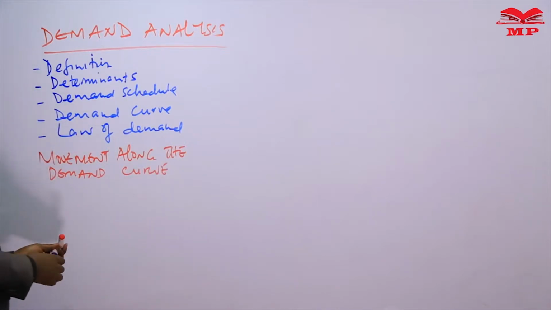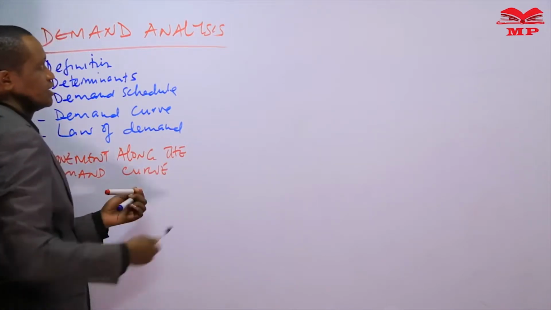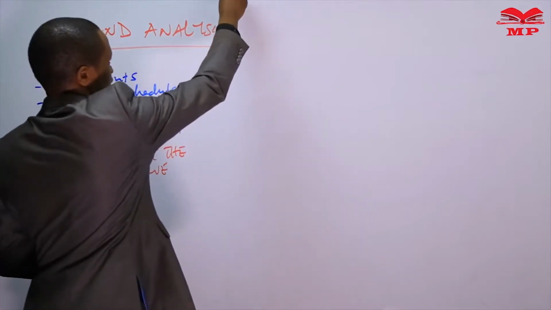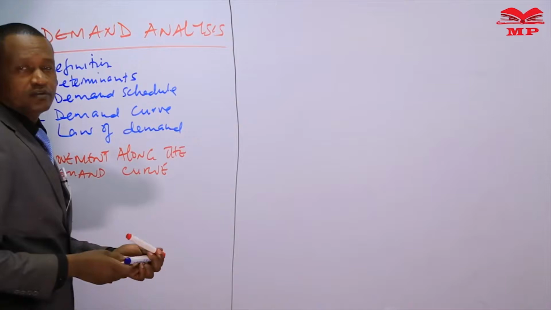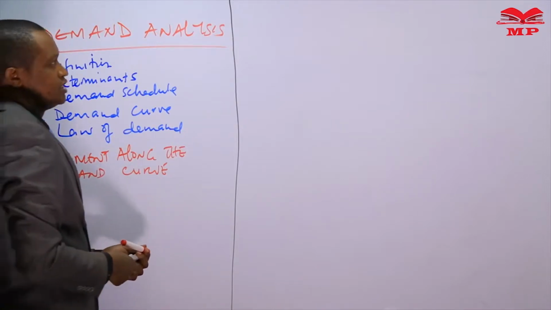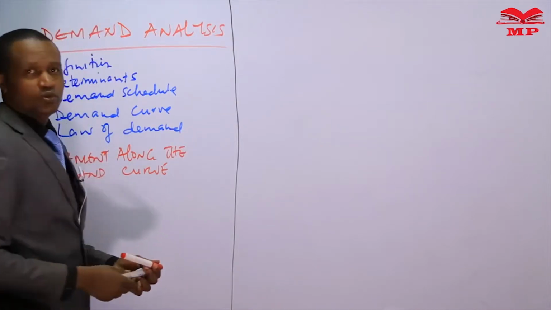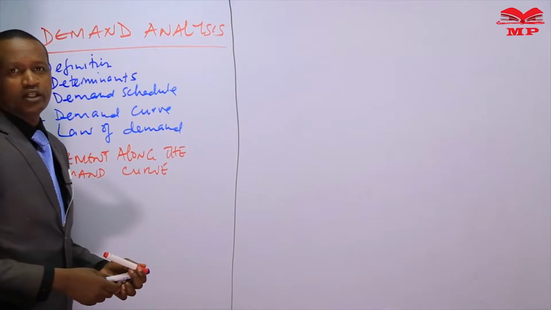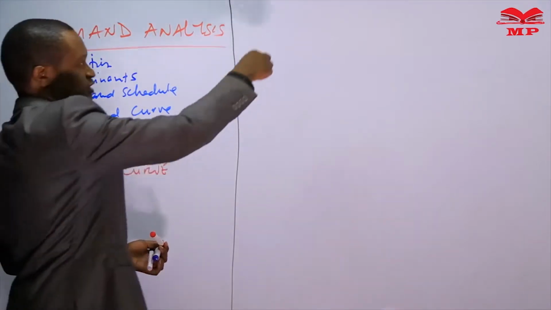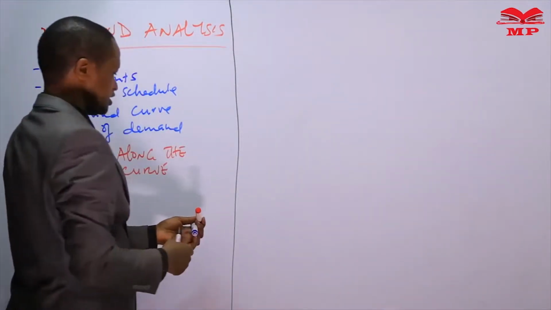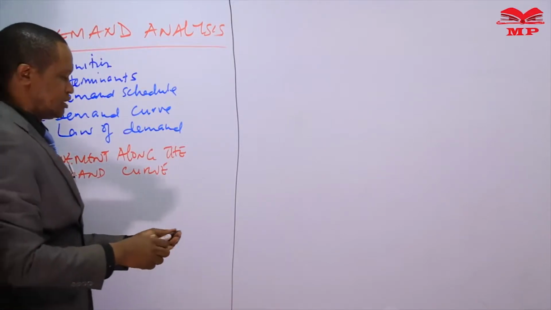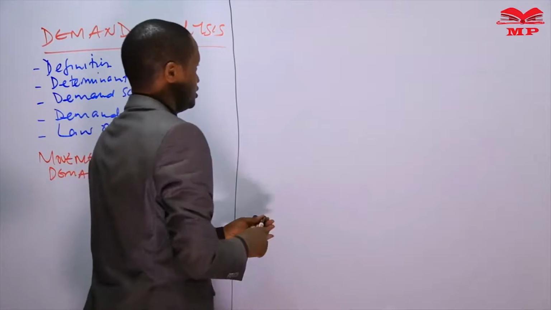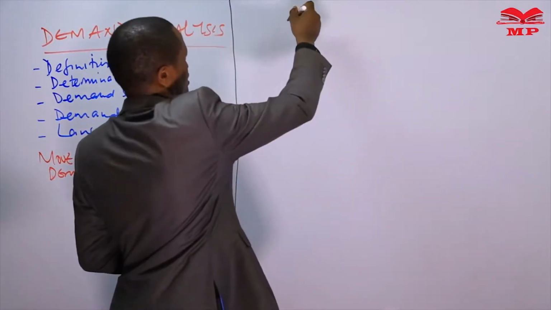Movement along the demand curve. Remember, we say that a demand curve is a curve that slopes downward from left to right. It has a negative slope. That is what we saw last time.